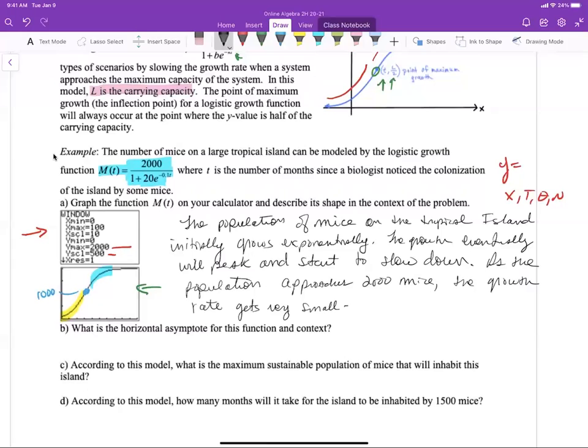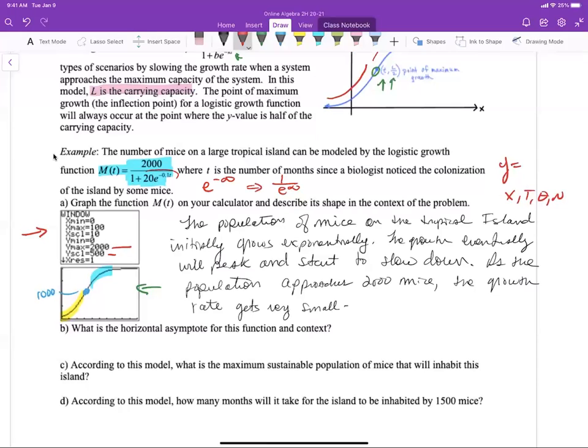How do you find the horizontal asymptote of this function? You basically need to determine where this function approaches as x, or t in this situation, goes to infinity. So what happens as the time goes to infinity? We have e to the minus infinity, which becomes 1 over e to the infinity, and so that approaches some very small number, which is essentially 0.